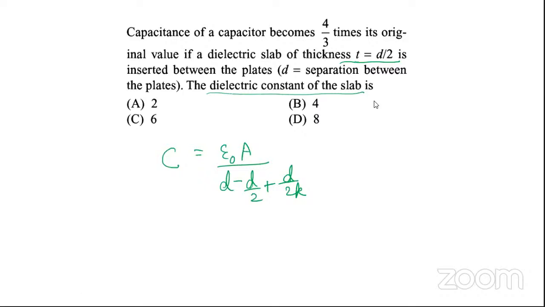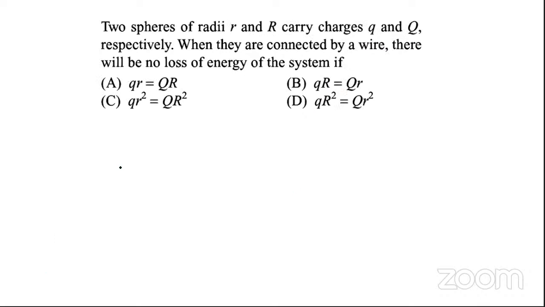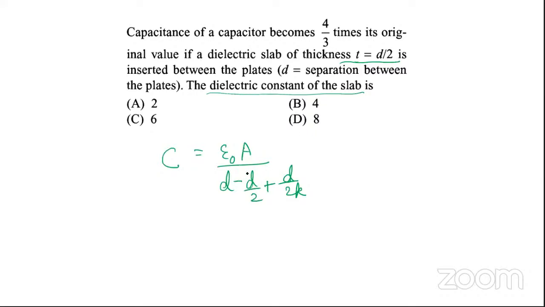Okay, this formula wasn't taught to you. See, there's not much of a big deal in this. What we are doing is the dielectric slab of thickness t equals D by 2. So what we do first in this formula is we first remove the distance that was covered by the dielectric.